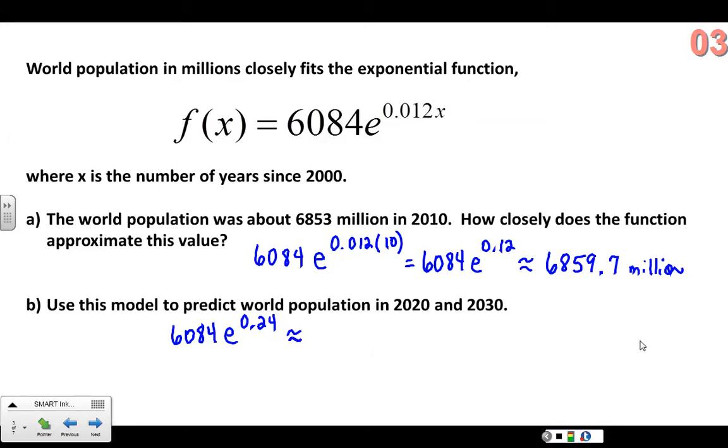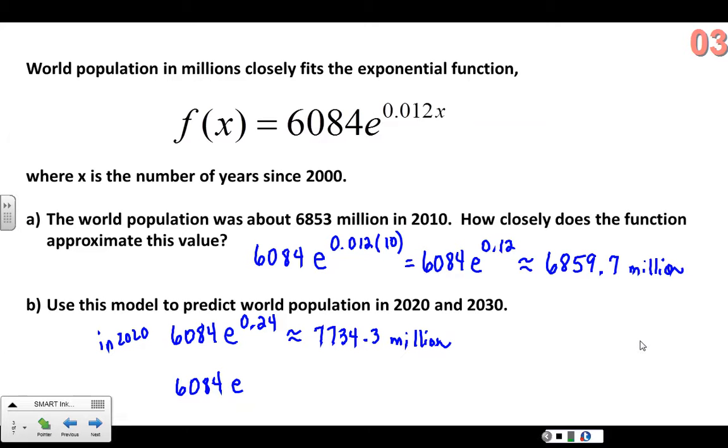So using my calculator, I would say 6,084 times 0.24 second function ln button equals, and it's saying 7,734.3 million. And this would be in 2020.